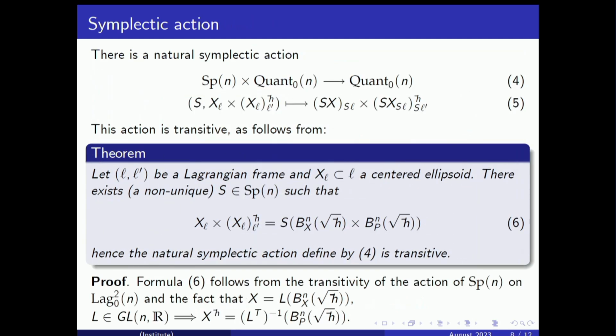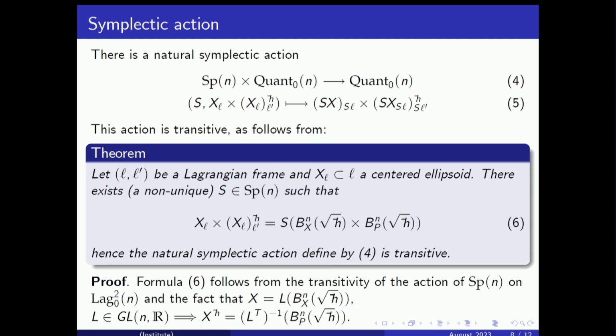Because here we have a symplectic action of the symplectic group on Quant(n). It's trivially defined. Actually, you have to work a little bit to show that it's really an action, but the important point is that it is transitive. So given two geometric quantum states, you can pass from the first to the second using a linear symplectic transformation.